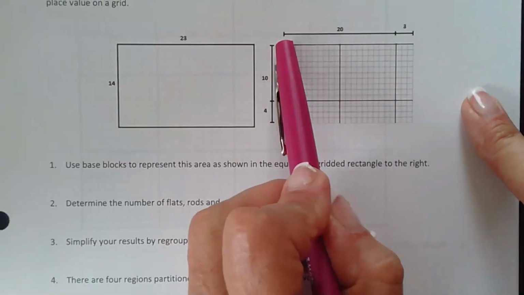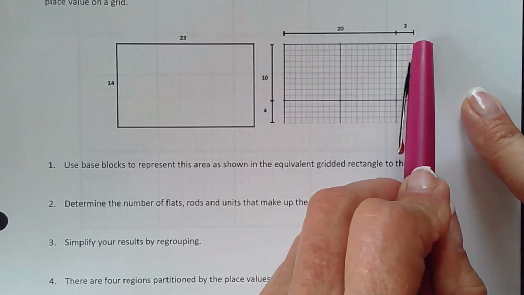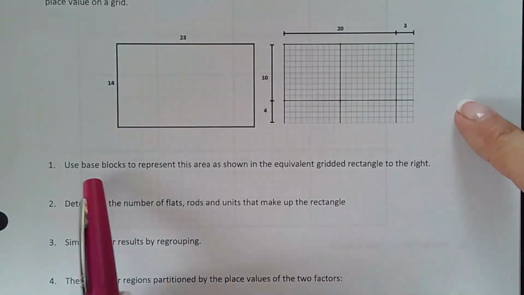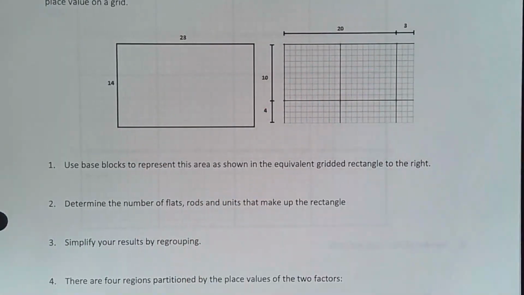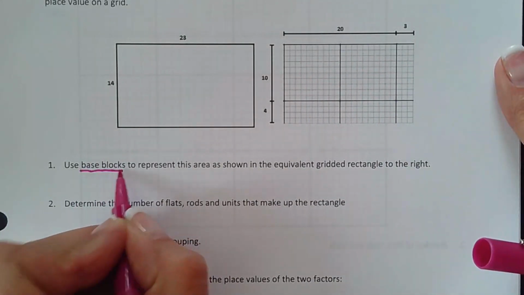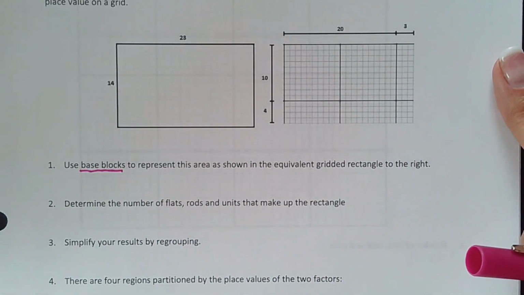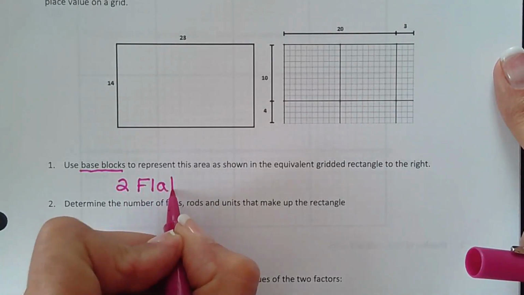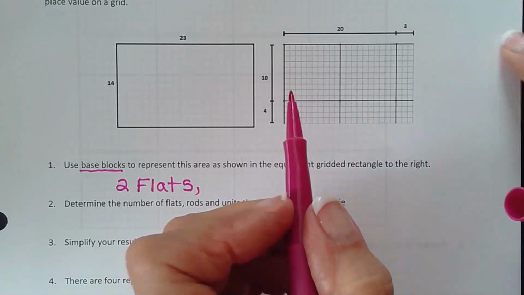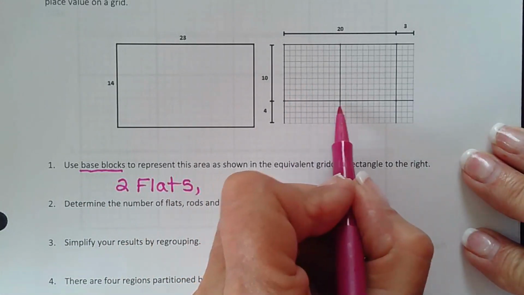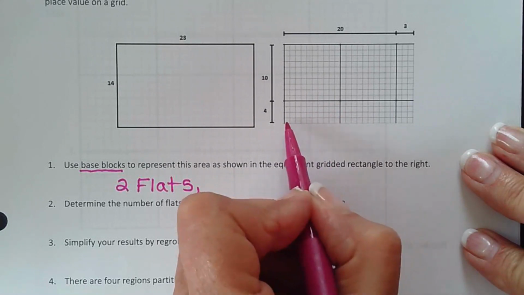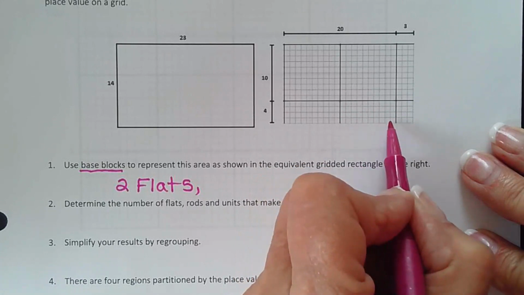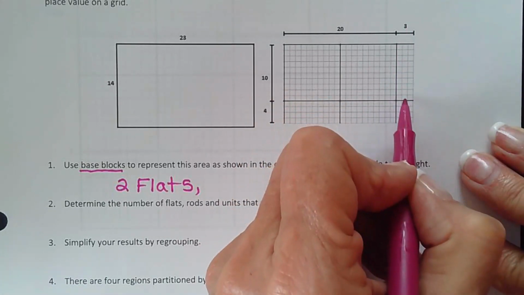So 23 can be broken up into 20 and 3. 14 can be broken up into 10 and 4. So that leaves me with 2 flats, because it says base box. Remember, our flats are rods and our units. So we have 2 flats. And how many rods? 1, 2, 3, 4, 5, 6, 7, 8, 9, 10, 11 rods.